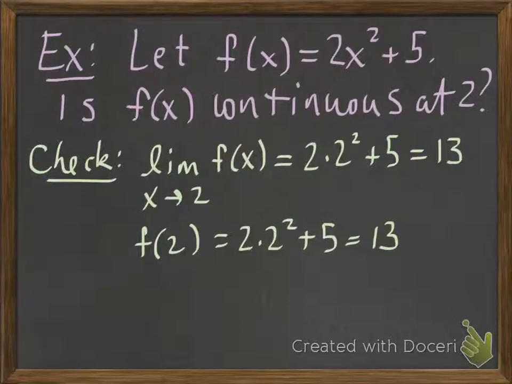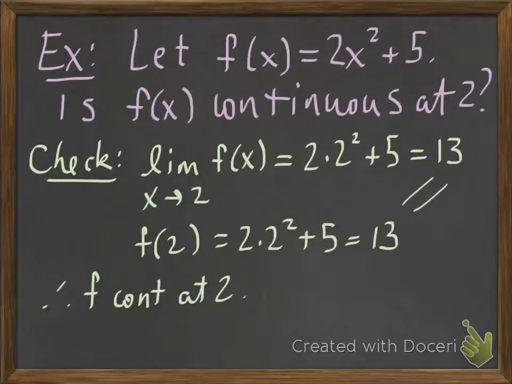It's 13. Hey, those two things are equal. So the limit as x goes to 2 of f of x equals f of 2, which means f is continuous at 2. And a way to confirm that for yourself is to sketch a little graph. This is a parabola facing up, shifted up 5 units. So indeed, that looks like our intuitive notion of a continuous function.